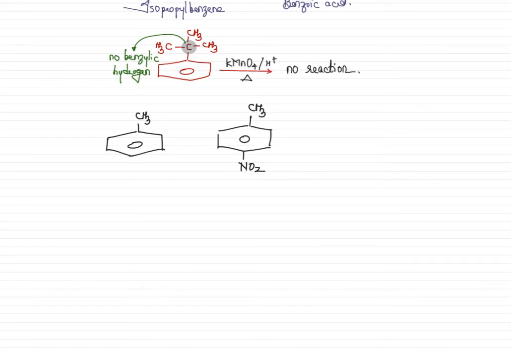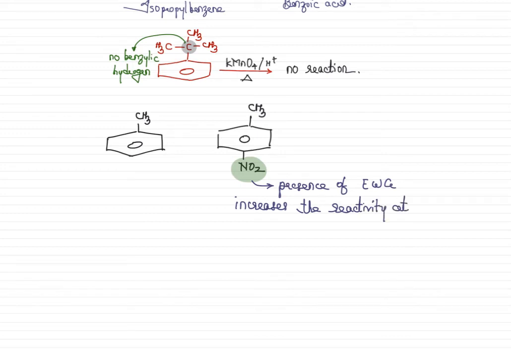So here you find that presence of electron withdrawing group always increases the reactivity of alkyl group. So presence of electron withdrawing group increases the reactivity at benzylic carbon.